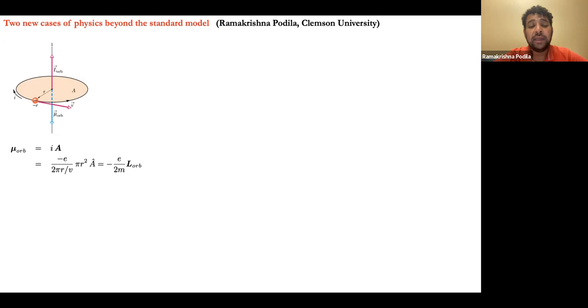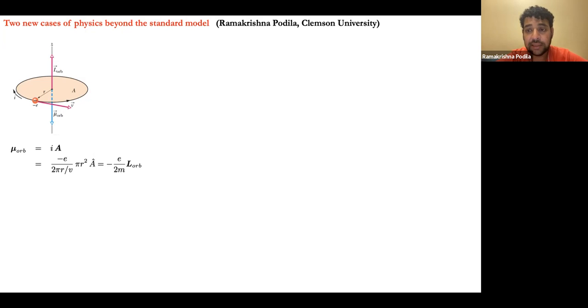Then you can see that the magnetic moment coming from this orbital motion of the charge is related to the orbital angular momentum L, and there is a factor before L that is given by e by 2m. So this is completely a classical picture of the electron going around.